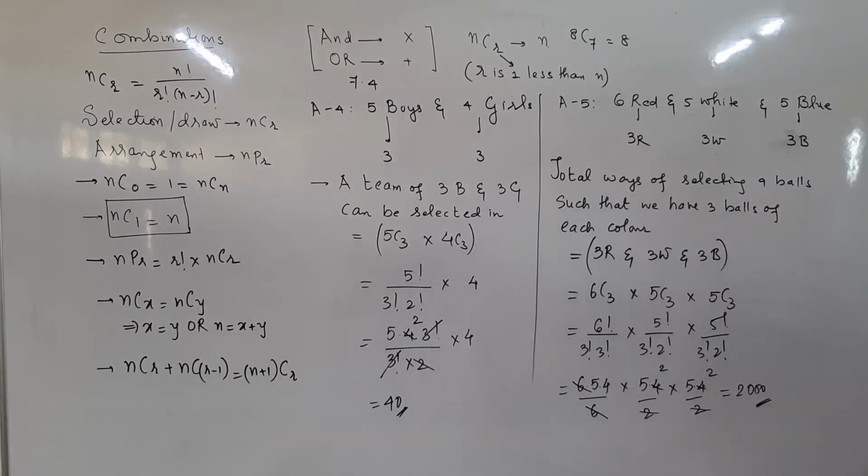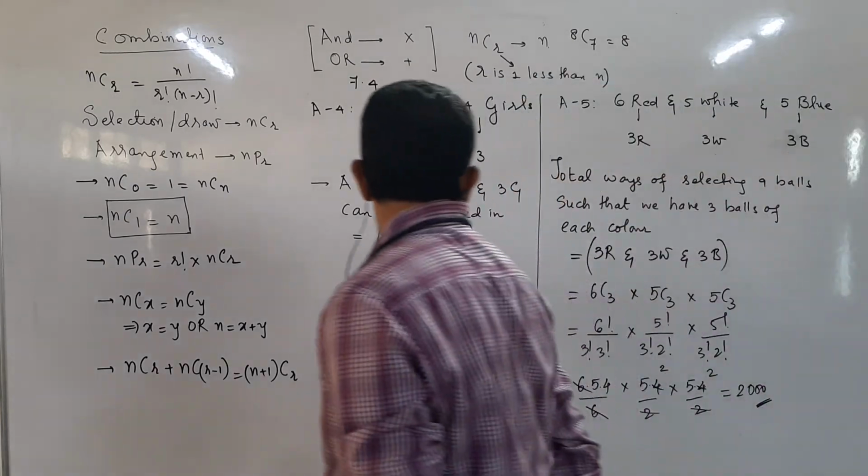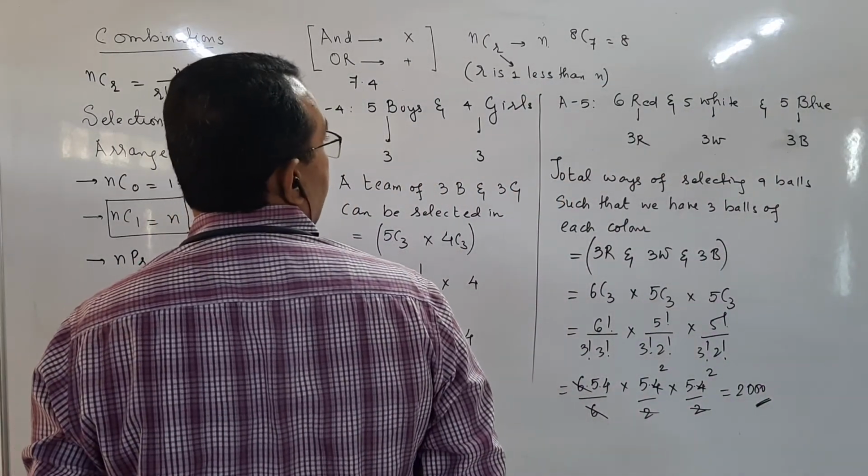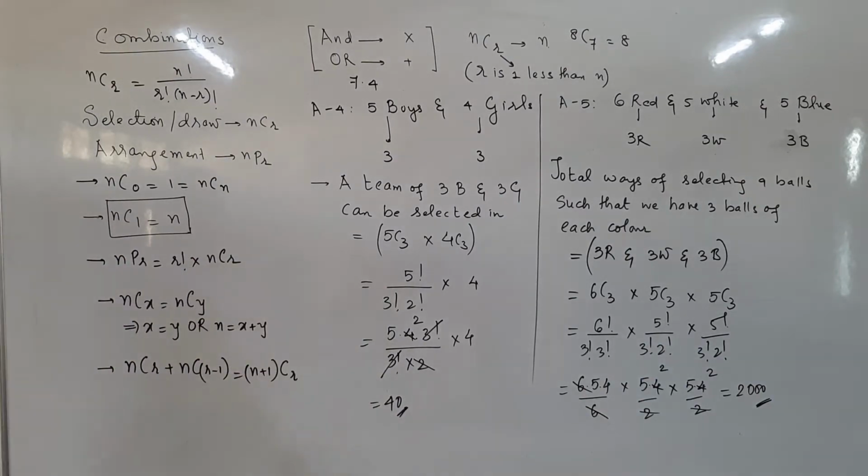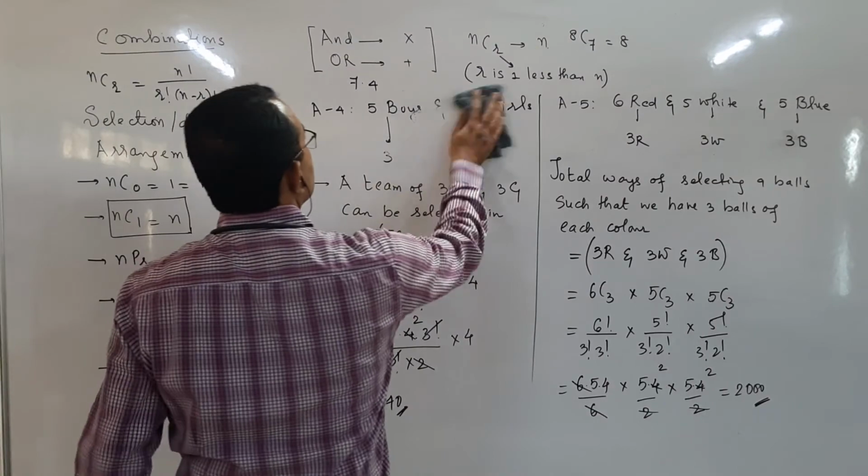So in 2000 ways, quite a large number, we can select balls such that we have 3 balls of each color from the given 6 red, 5 white and 5 blue balls, students. So this is how we apply the and/or theorem.